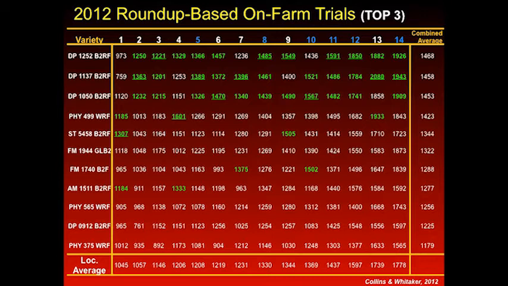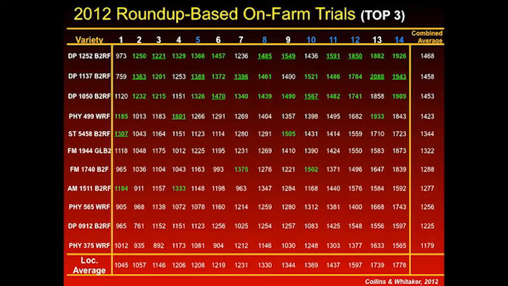Now we know that that's not a typical situation in Georgia. Most years in Georgia we're going to encounter some significant stress, and we normally have 6 or 7 trials at least in that 600 to 900 pound range. We were not able to capture that, so that's why I really emphasize looking at multi-year data moving into 2013.